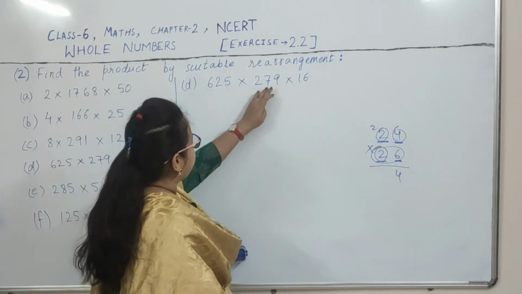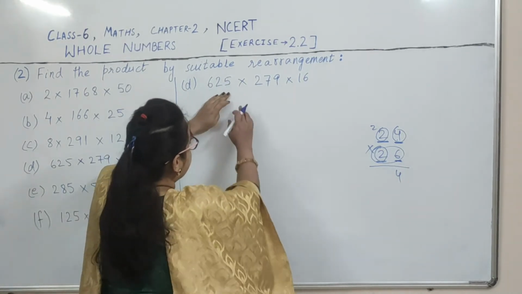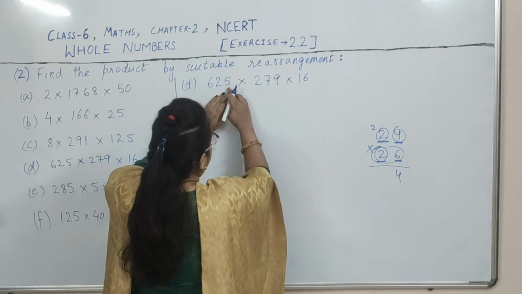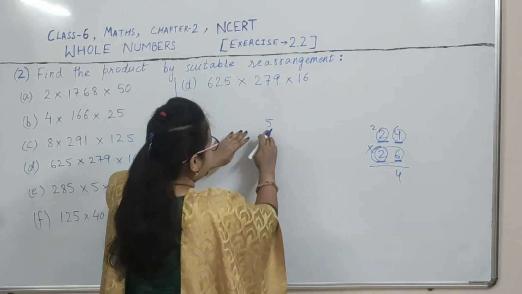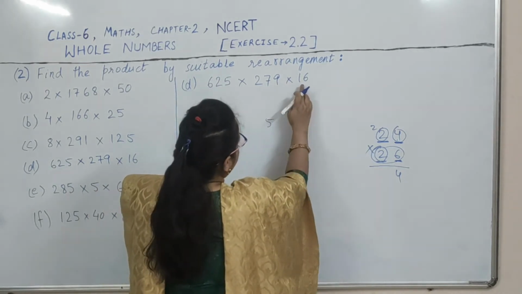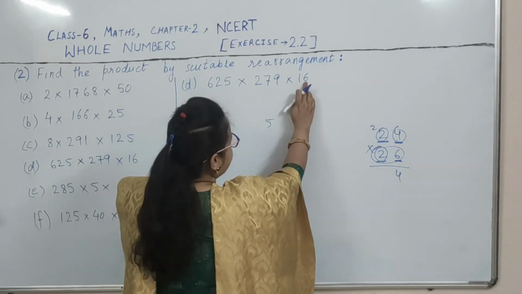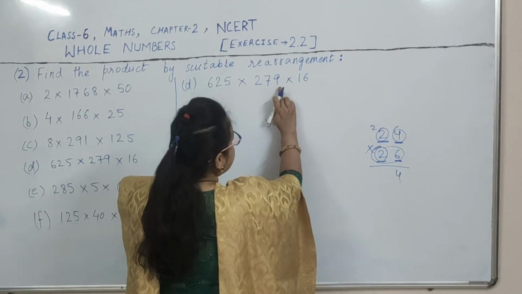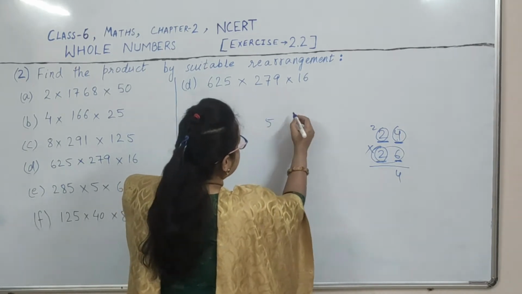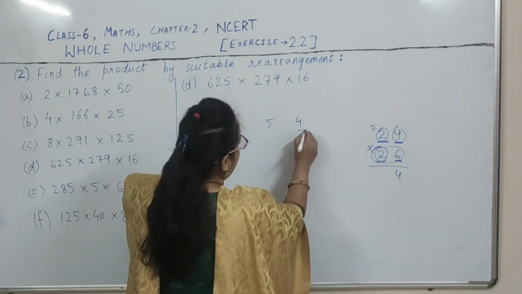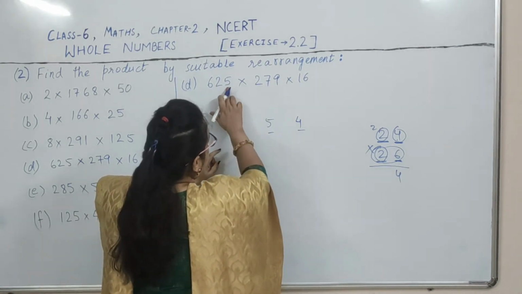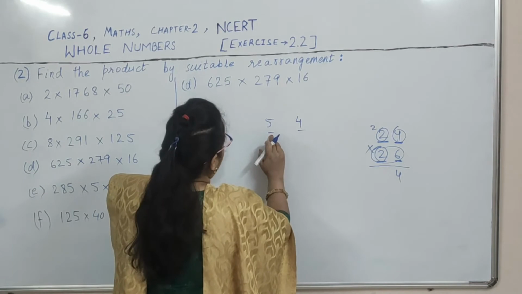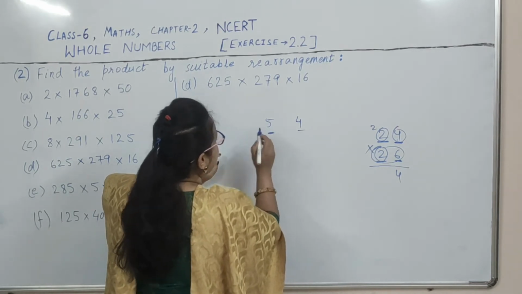If we multiply these two numbers, what will we get in the units place? 5 9s are 45, so 5 will come in the units place. If we multiply these two numbers, 9 6s are 54, so 4 will come in the units place. And for these two numbers, 5 9s are 45, so this will give 5 in the units place.